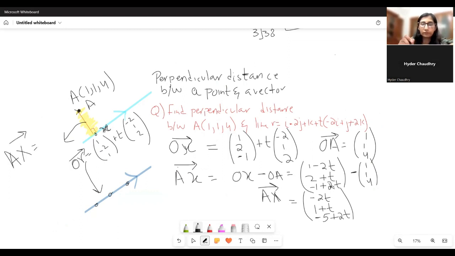What is going to be the relationship between AX and OX? The dot product will become zero. Exactly, the dot product will become zero. Now look, OX also has the form of t, and AX is also in the form of t. So to avoid that, we can only take this direction vector.